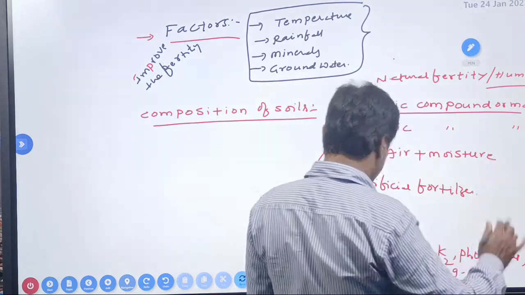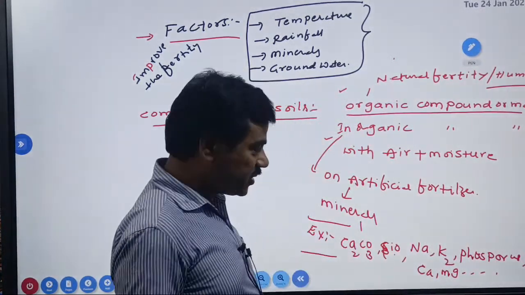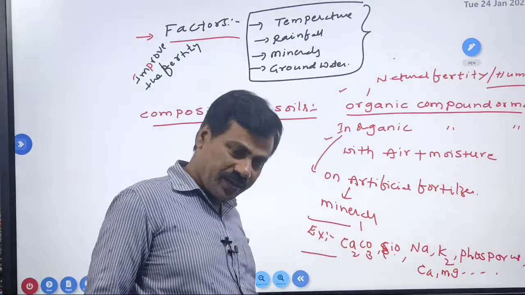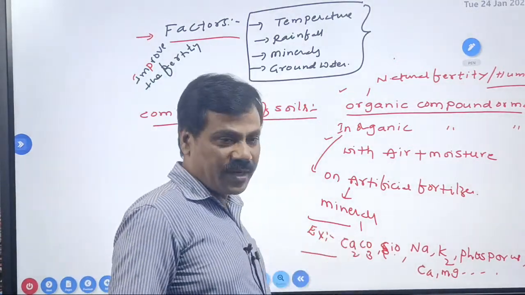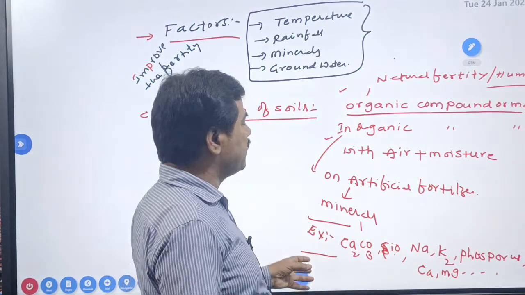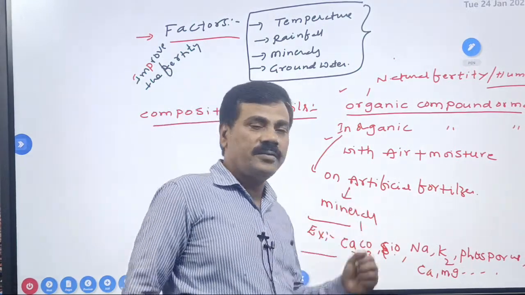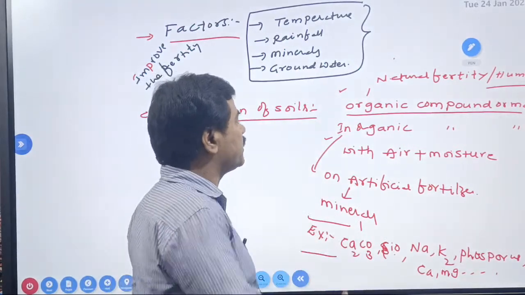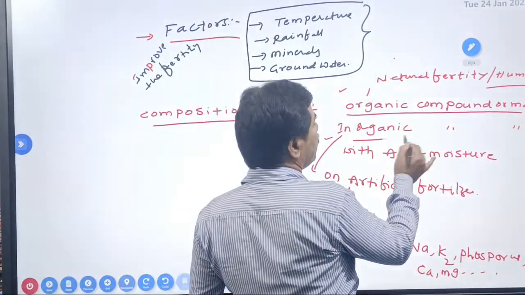These are all included. Artificial fertility is decided by the minerals. That group of artificial minerals, this artificial mineral composition, is called inorganic compounds.